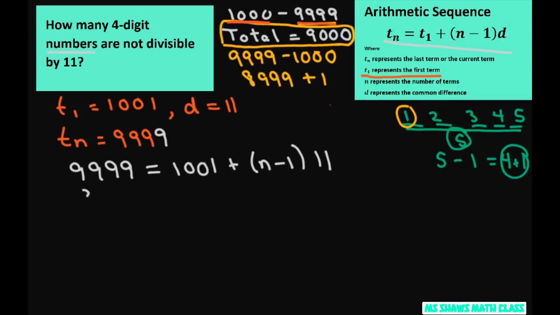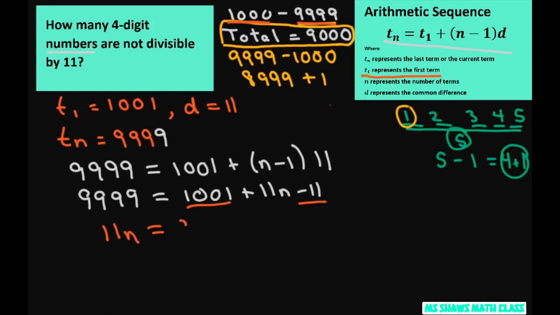So you get 9,999 equals 1,001 plus 11n minus 11. Now, subtract those, and then subtract from here. You're going to get 11n equals 9,009. So that's the number of 4-digit numbers that are divisible by 11.